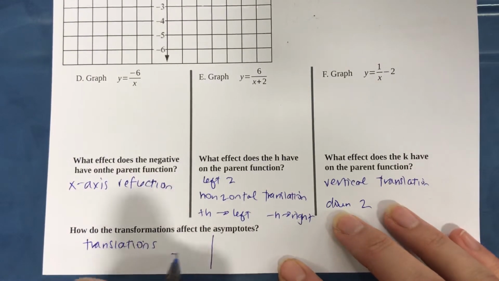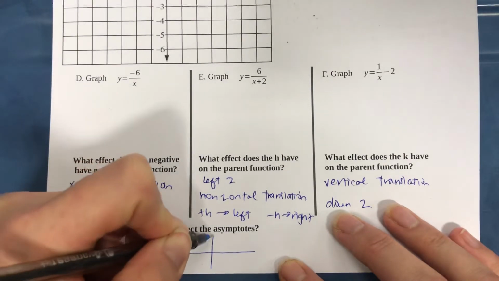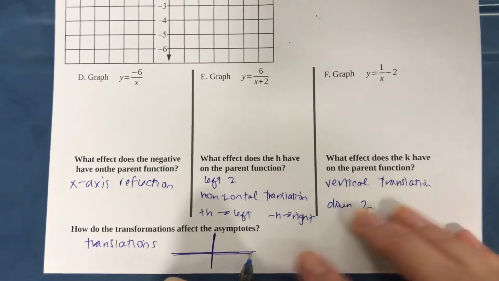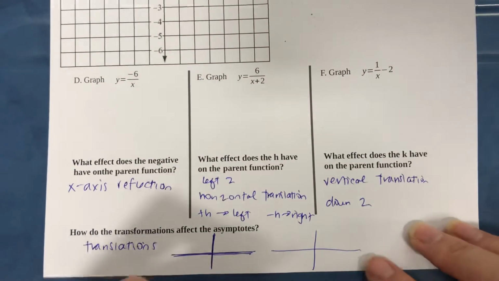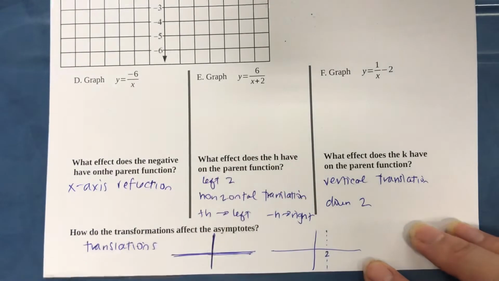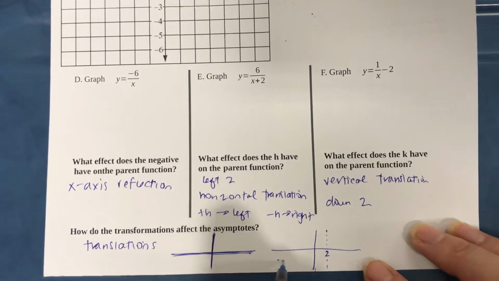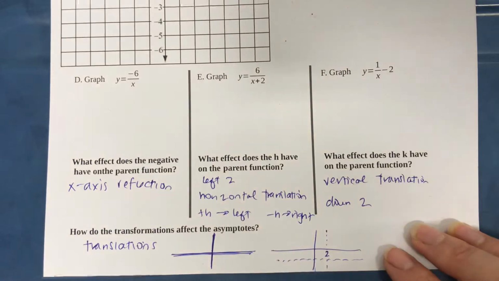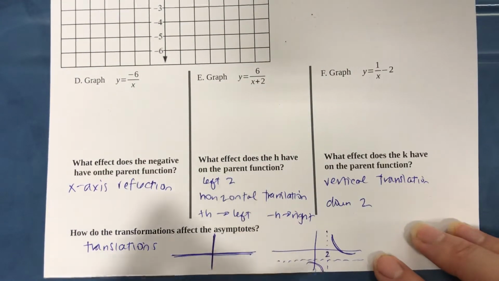So normally we have the asymptotes as y equals 0 and x equals 0, right? But let's say we had a shift right 2 down 3. Well, that means that at 2, that vertical one would go over, and if I had down 3, that means my horizontal asymptote would move. So now my graph would look something like this.